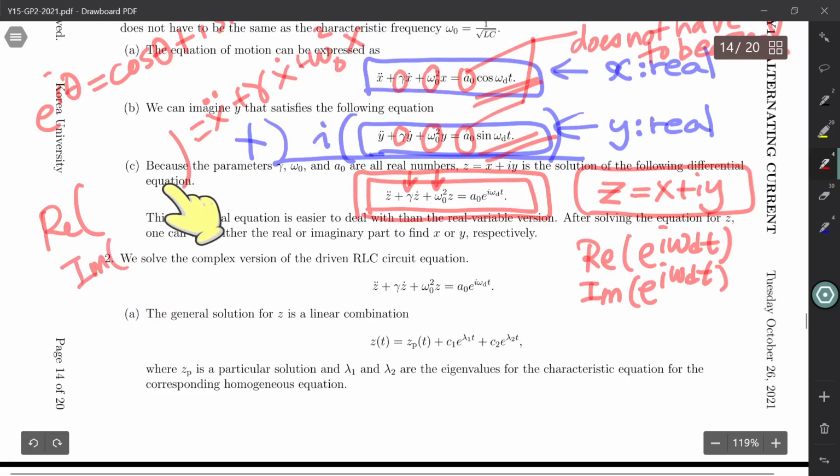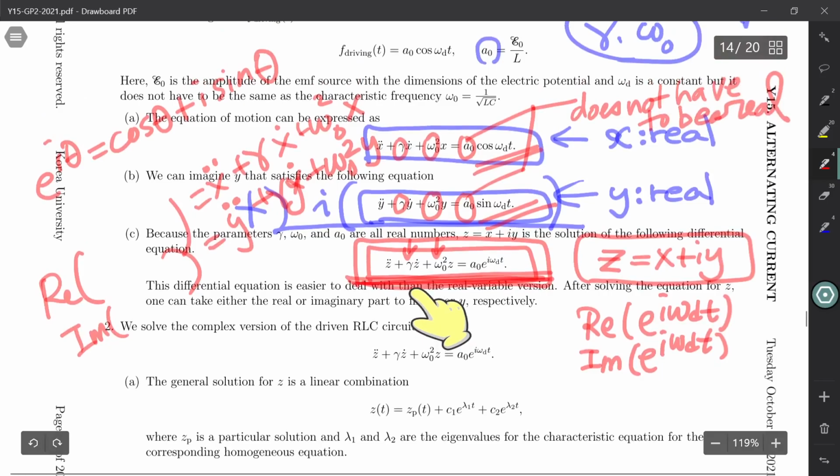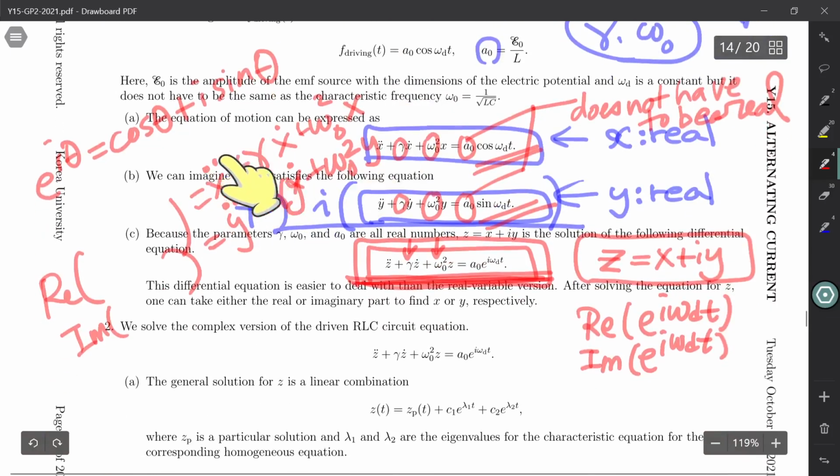The imaginary part of the left-hand side is y double dot plus gamma y dot plus omega 0 squared y. Anyway, we first solve this problem, and then depending on whether the right side is cosine or sine, we just take the real or imaginary part.